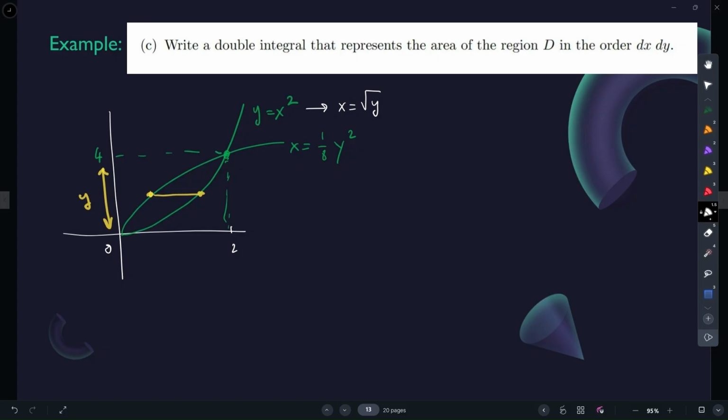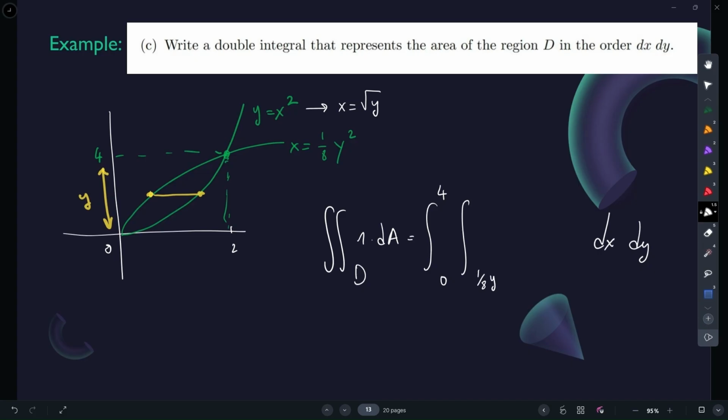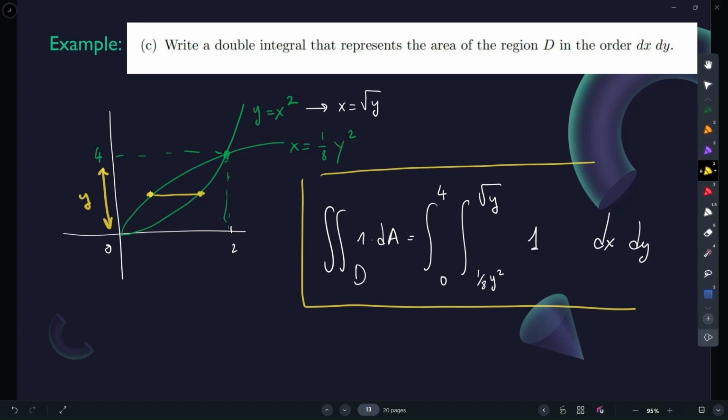So in the order of integration, I can also integrate this region D, 1 dA, as going first in y between 0 and 4 dy, and then x is going to go from below, an eighth of y squared, and above is the square root of y, of the function 1, because we're finding an area. So in that order of integration, the integral looks like this.